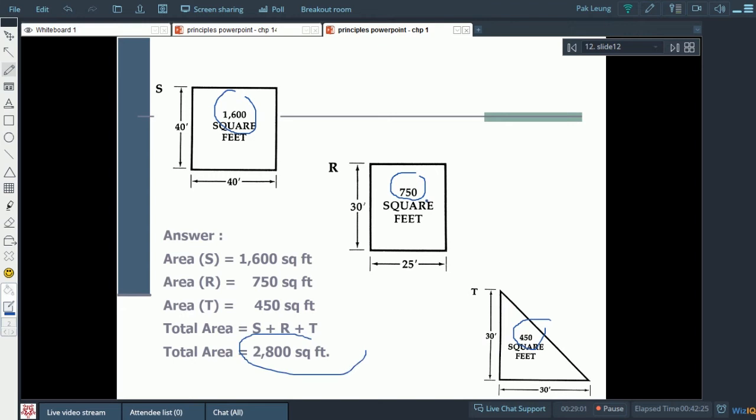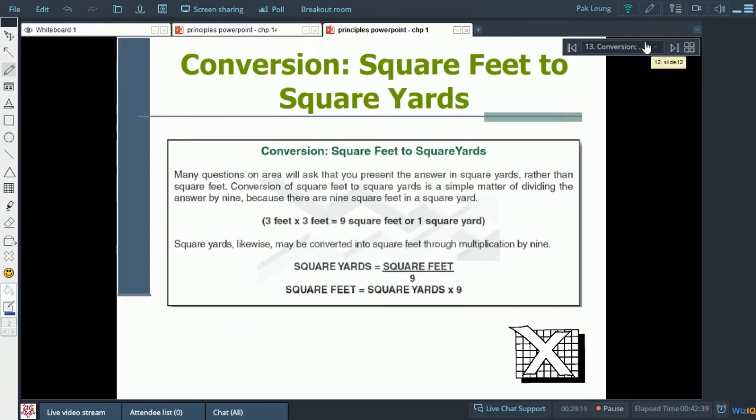So you add all of this, 1600, 750, and 450. You get 2800. So that's how it's done. 你3个加起来的话，就等于这个数字了.